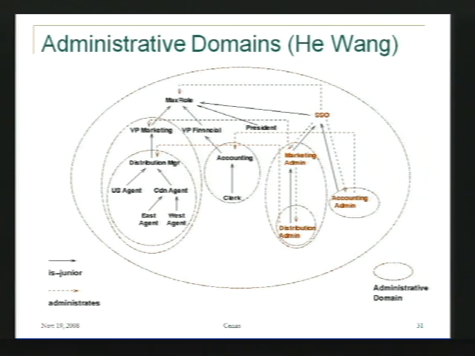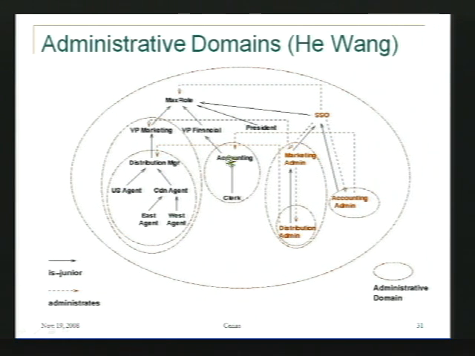which is decentralized. So you can have different administrators looking after different parts of the role hierarchy, or the role graph. And the idea of what we call an administrative domain is that the top role in each domain contains all the permissions that any of these roles are allowed to have.